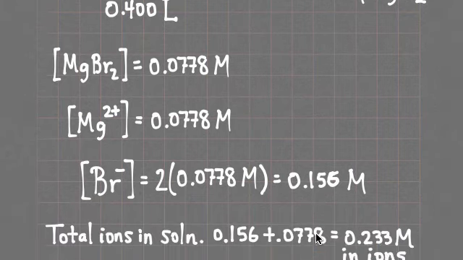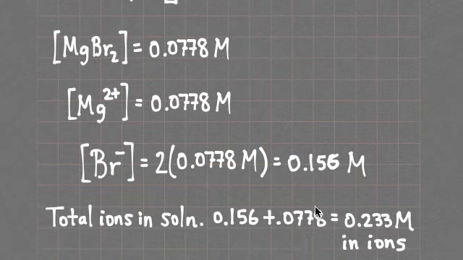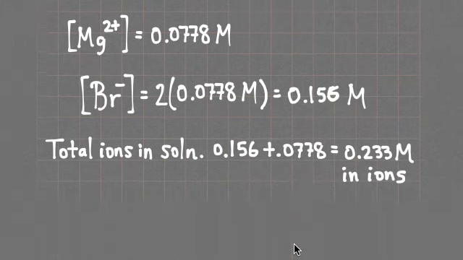Or if I said what's the total ion concentration, I would take this one plus this one, since it's in the same volume. You can add them straight away, and the molar concentration of ions is 0.233 molar, that's 0.233 moles of ions per liter of solution.